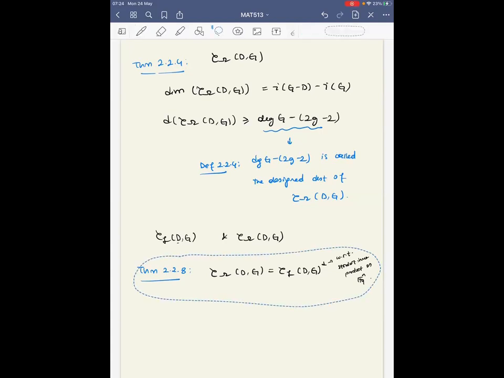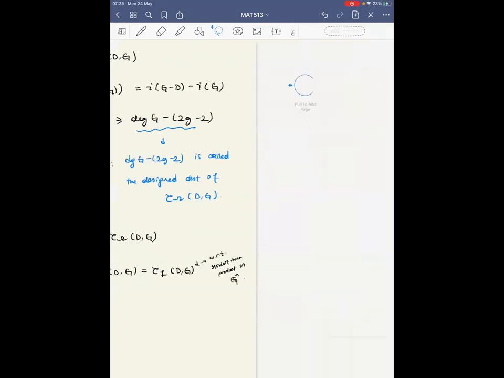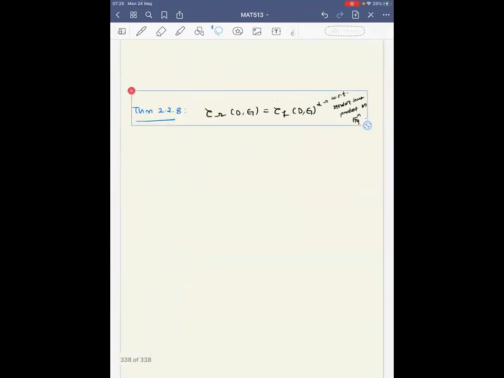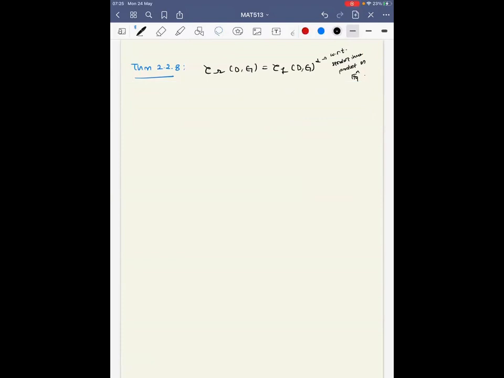And in order to see this equality, first we see that the left-hand side lies in the right-hand side.